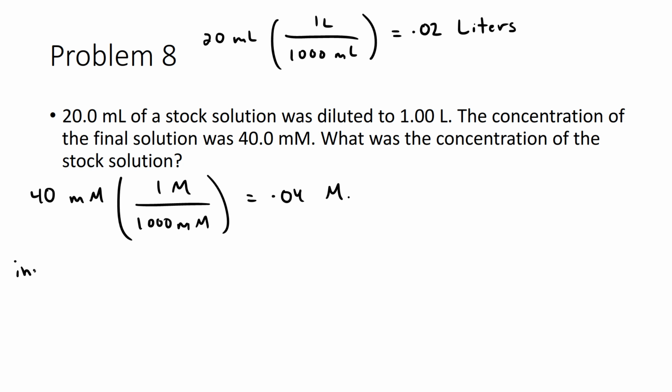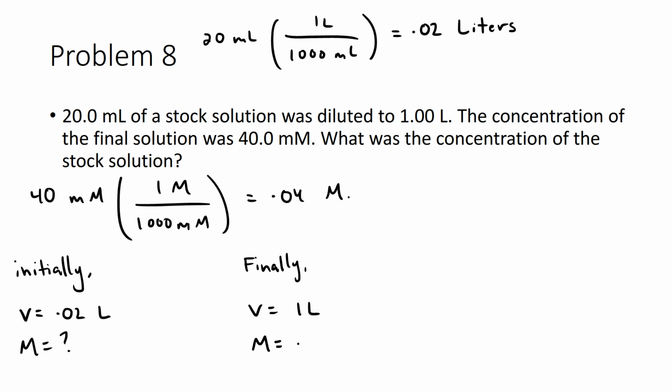Initially, our volume is 0.02 liters. Our molar concentration, we don't know. After the dilution, so we'll say finally, our volume was 1 liter and the molar concentration was 0.04.